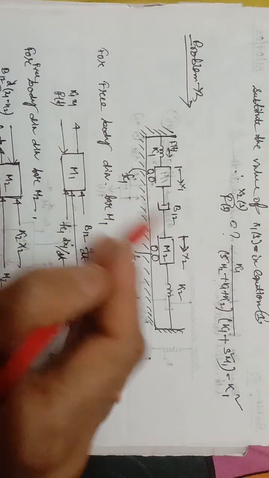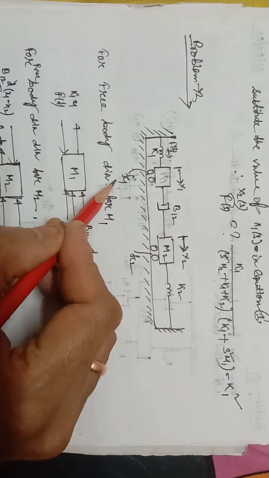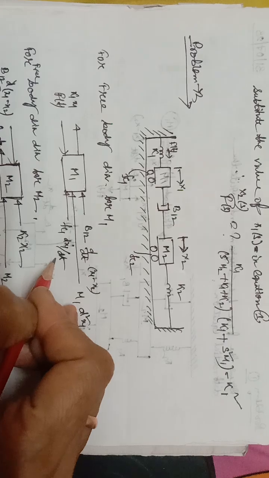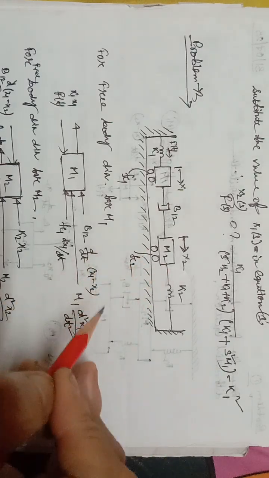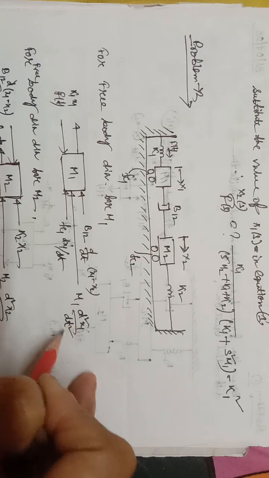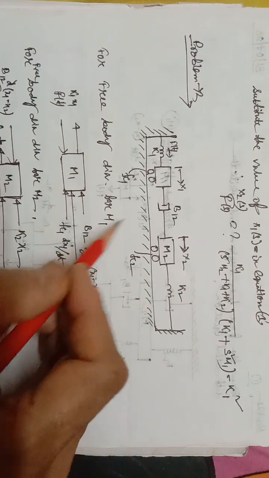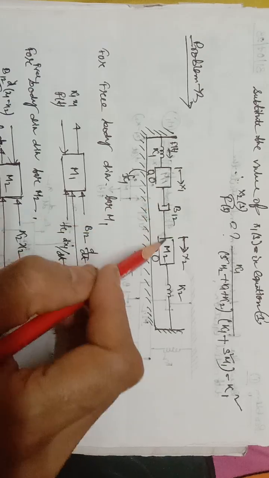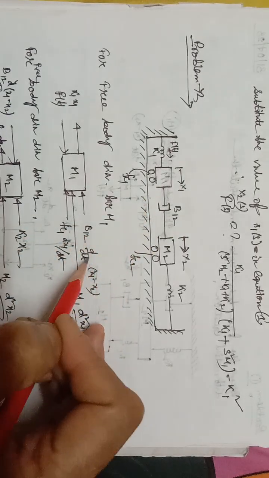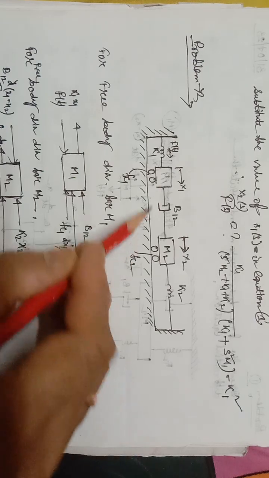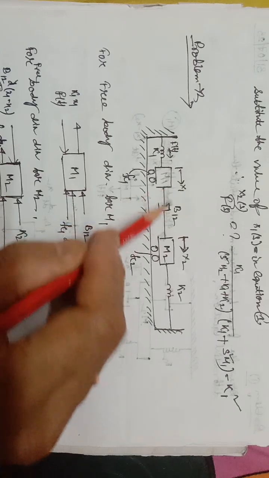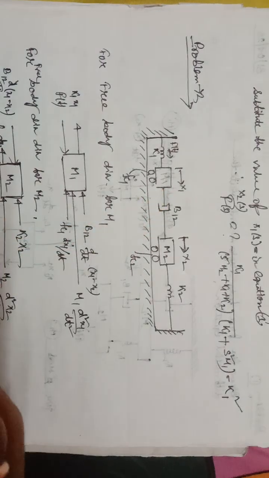And the remaining three forces: FC1 d of x1 by dt, next m1 d square x1 by dt square, and after that your damper b12 d by dt into (x1 minus x2). Here it is x1 and here minus x2, because the damper is connected between the nodes of x1 and x2.